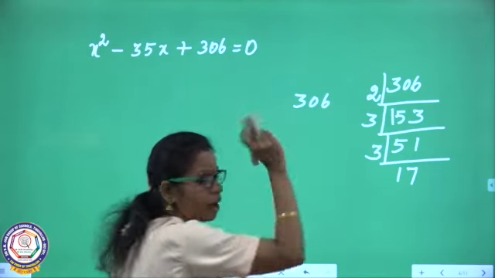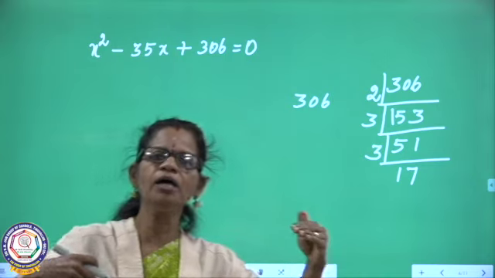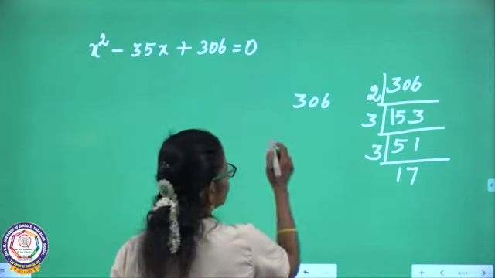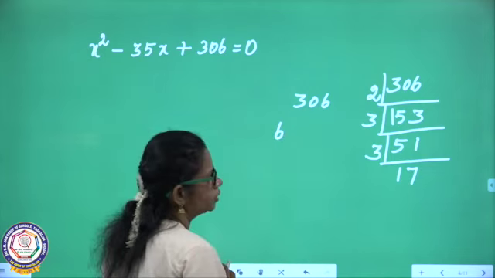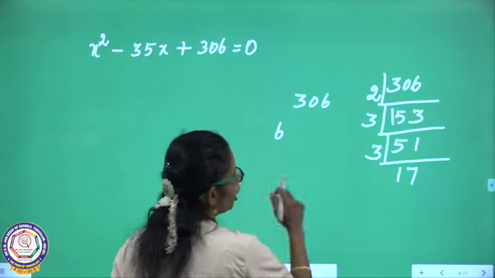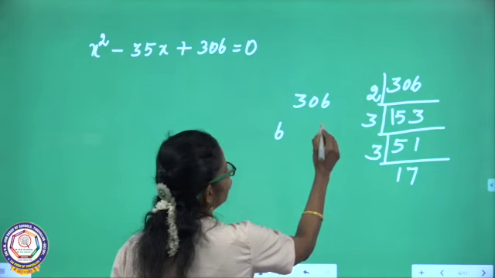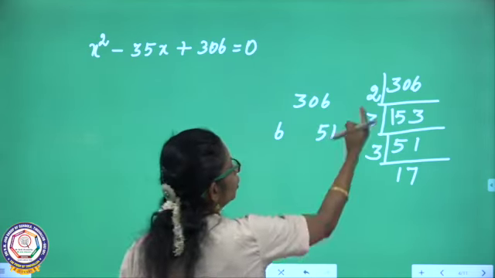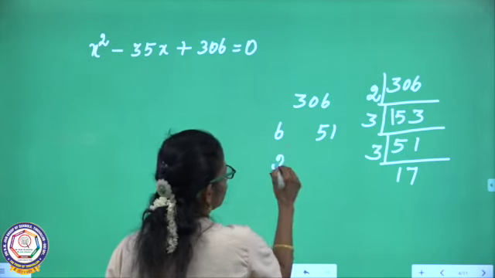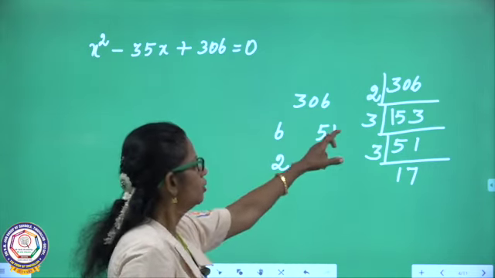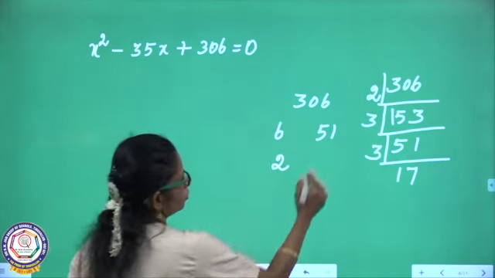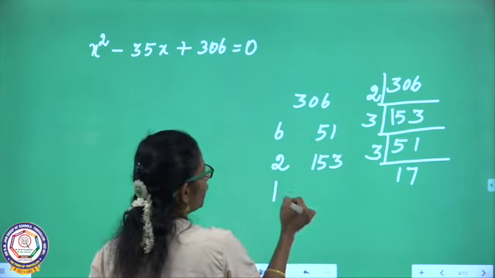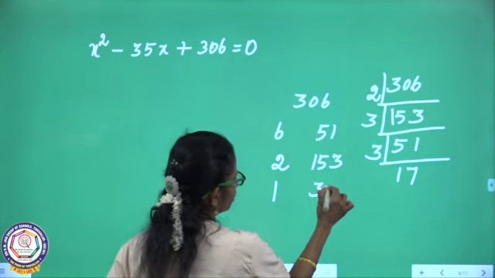You should have the habit of writing the possibilities in the right side margin, right? 2 3s are 6. 17 into 3, 51, right? That is one possibility. 2 into 153. 1 into 306.